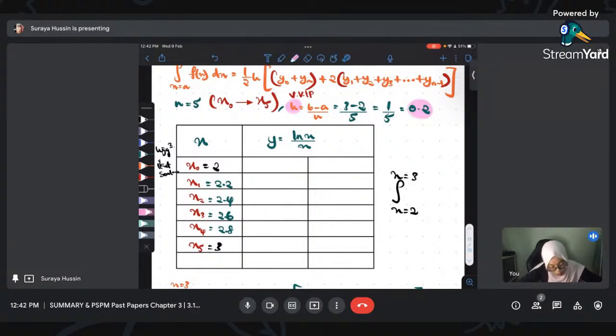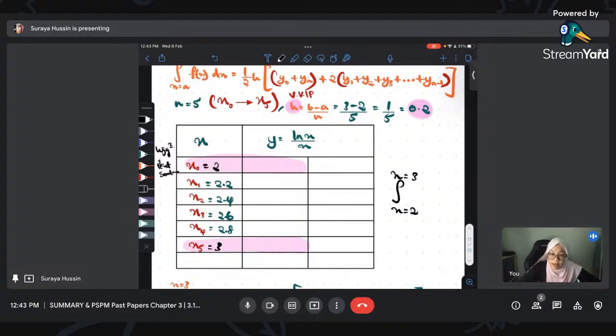Okay, one thing that I want to highlight here is we want to get the value of y. Dah dapat x, kena pandai cari y. So dekat sini tips untuk table ni, hujung-hujung mesti bahagian ni. Saya highlight ni supaya kamu nampak yang X ni yang warna pink ni.